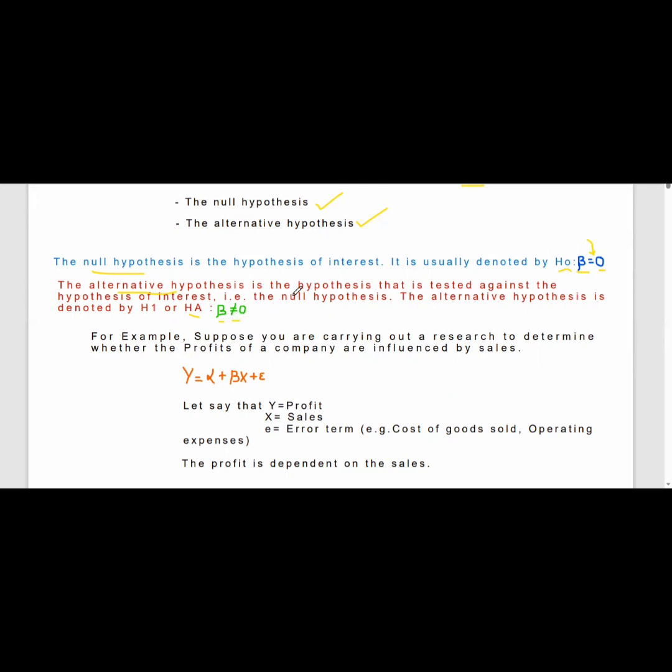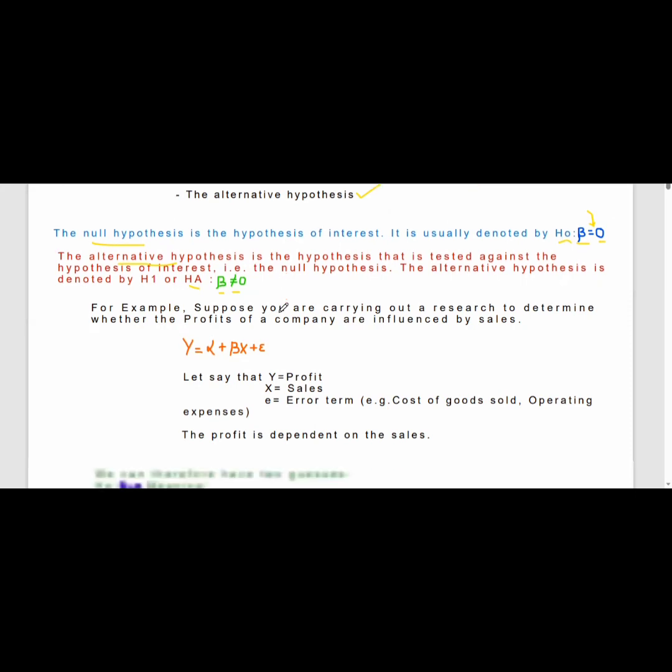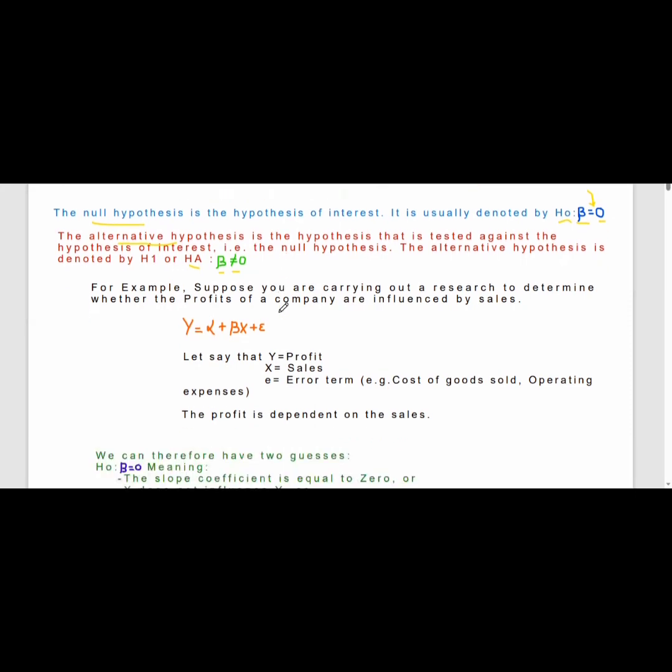Since the null hypothesis is equal to 0, the alternative hypothesis will not be equal to 0. Let us look at an example.